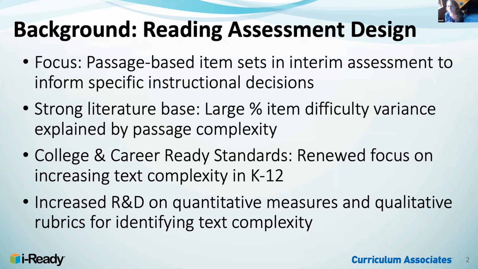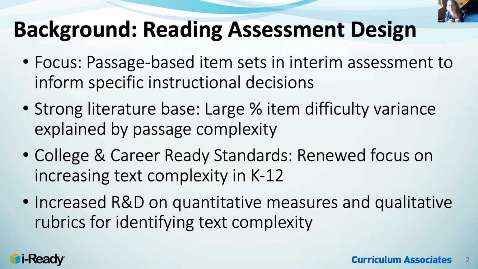Appendix A of the Common Core Standards, which is still available online if you just Google Appendix A, Common Core Standards, gives a really good summary of the research of the disconnect between the types of text that colleges were expecting freshmen to be able to grapple with, and frankly, the SAT and the ACT were expecting emergent college freshmen to be able to grapple with and comprehend, versus the text complexity that we were seeing used in instructional and curricular materials and state tests in the K through 12 world.